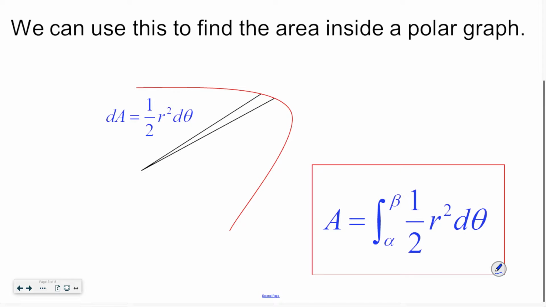The area of a polar curve is the integral from alpha to beta of 1/2 r squared d theta. Because we are basically summing up all of our itty bitty triangles of 1/2 base times height that we're then adding together. That makes sense.